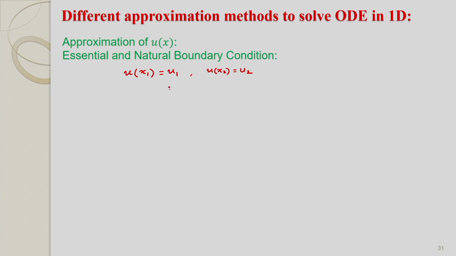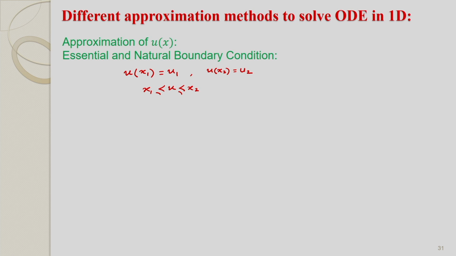So, we are solving for the dependent variable between x1 and x2, and we have two essential boundary conditions, one at each boundary point, and both essential boundary conditions are non-zero.